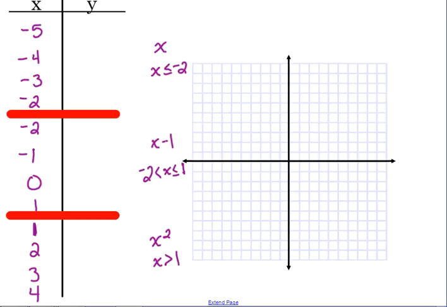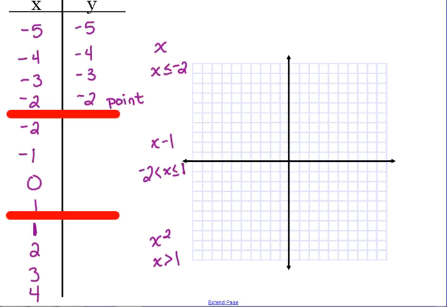So the first piece, it's just x. Your y value is exactly what your x value is. So that's easy. And at negative 2, do we have a point or a circle? Point, because x is less than or equal to negative 2.